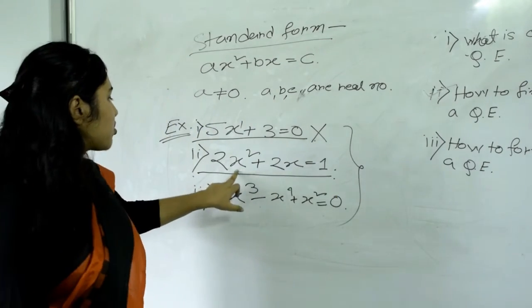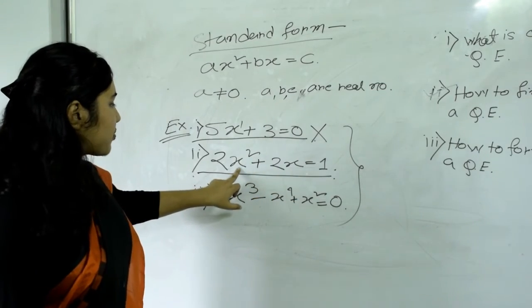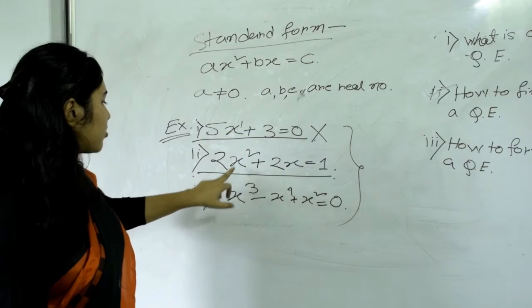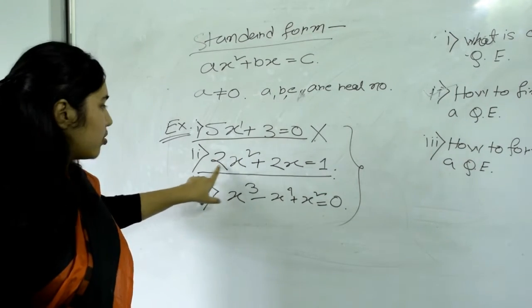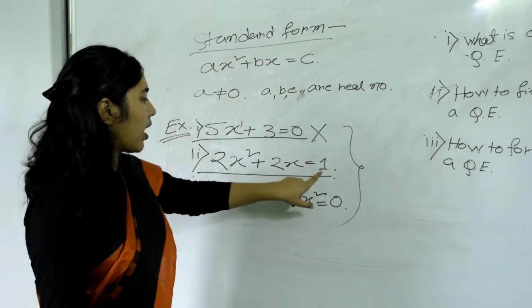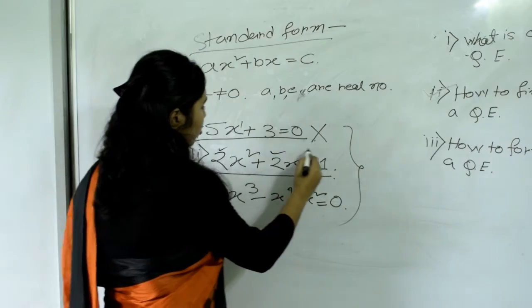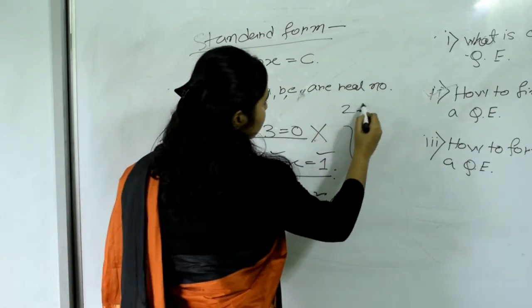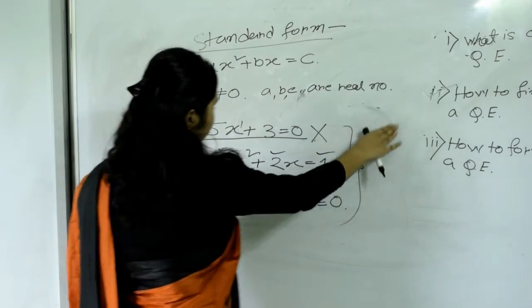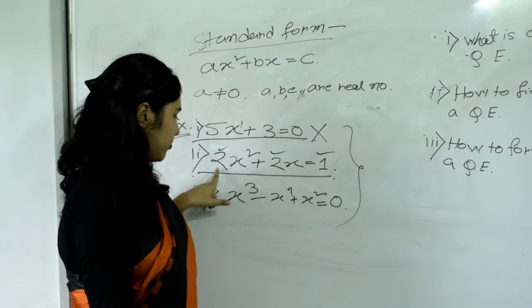Here, this is also a one variable equation and the highest power of x is 2. Now check the coefficients. The coefficient of x square is 2, the coefficient of x is 2 and the coefficient of x to the power 0 is 1. So 2, 2, 1. All are real numbers and 2 is not 0, right? So equation 2 is a quadratic equation.